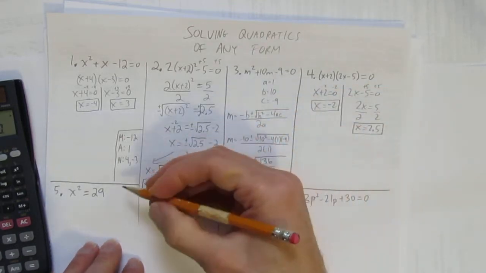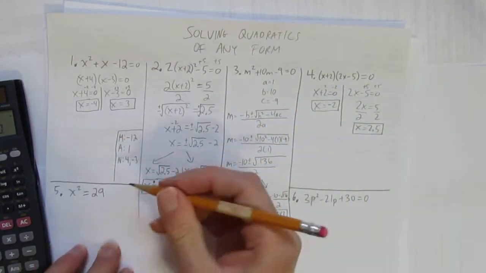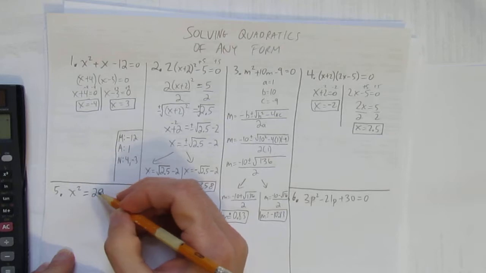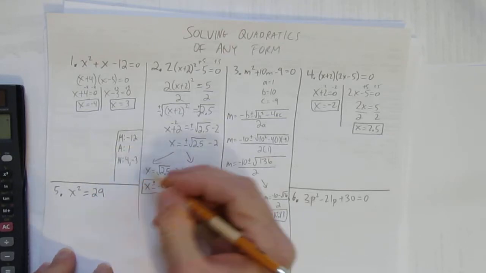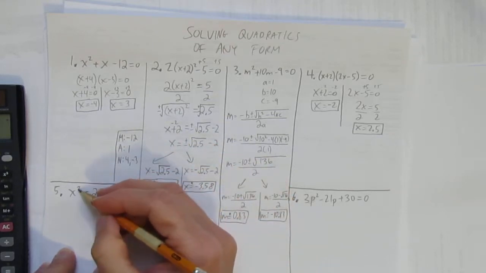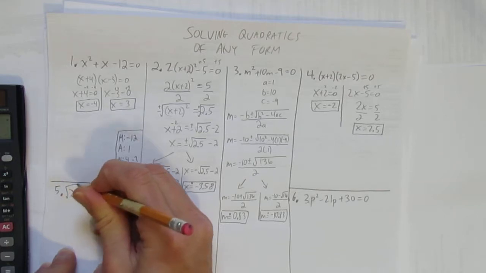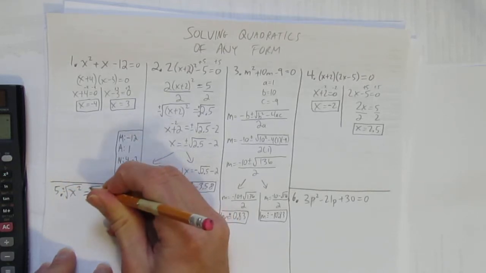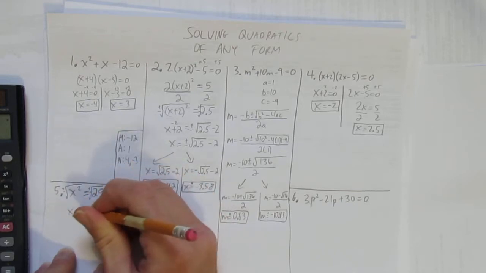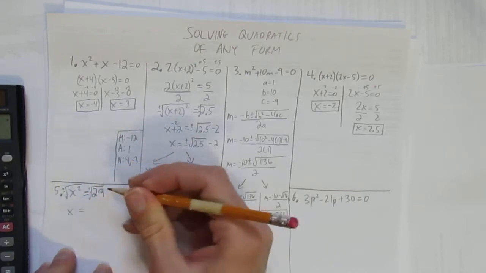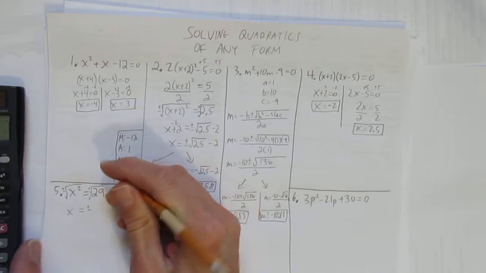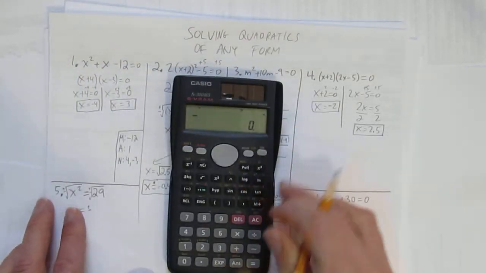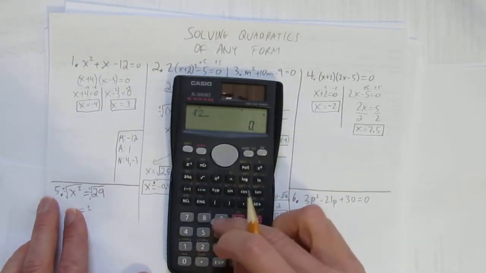I'm over here now for question 5. I just tried to squish it all in onto one page. This says x squared equals 29, and I showed you in an earlier example, what's the opposite of square? A plus or minus square root. So I'm going to plus or minus square root both sides, and so I get x is 2 possibilities, plus or minus, and now I got to calculate what's the square root of 29.